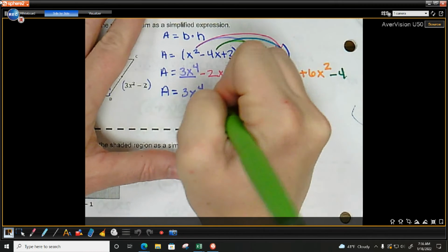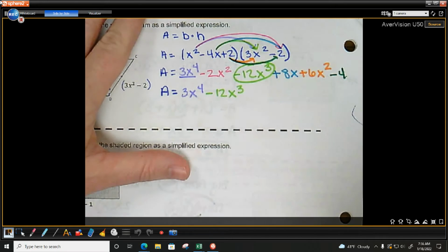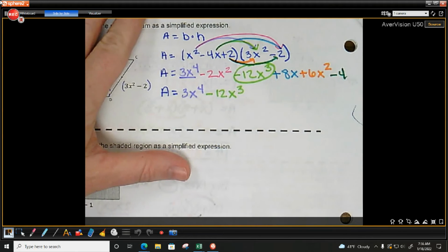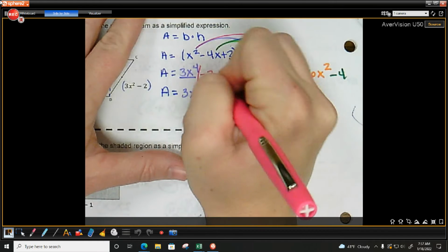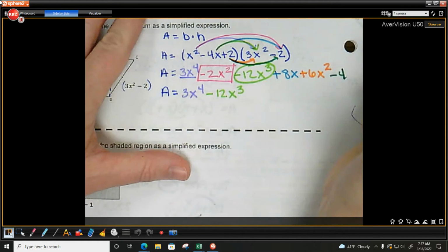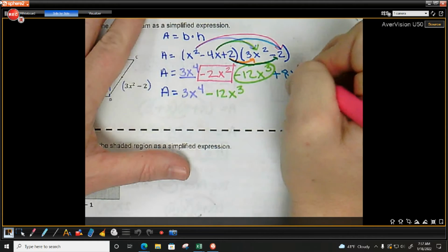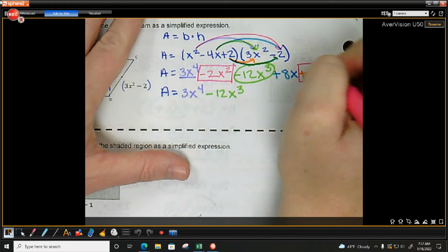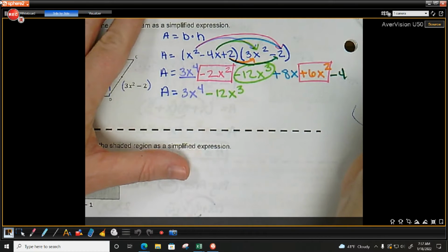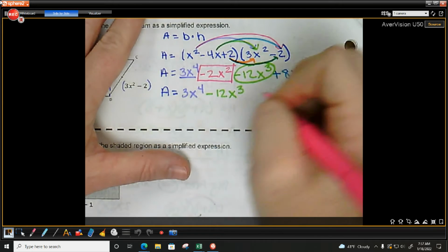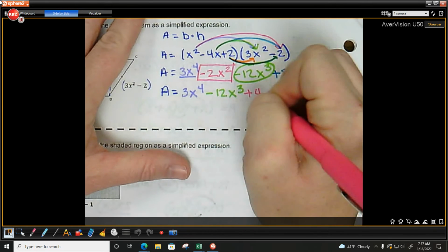No. Okay. Then what goes next? The x squared. I have a negative 2x squared. Is there another x squared term? Plus 6x squared. Very good. So what's negative 2 plus 6? 4, and it's a positive, so plus 4x squared.